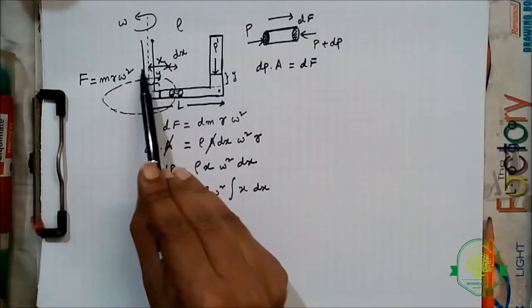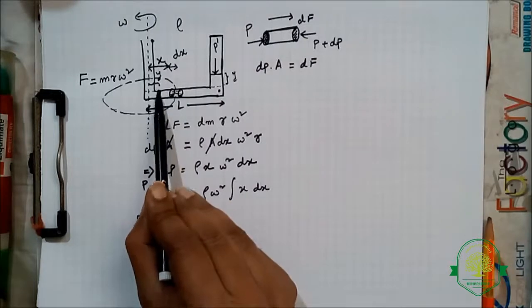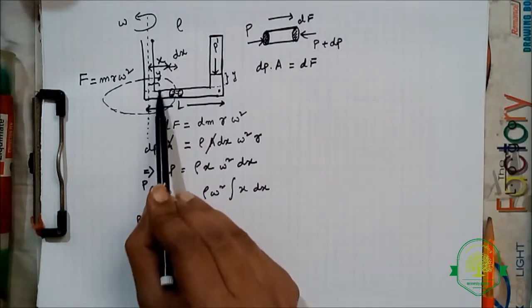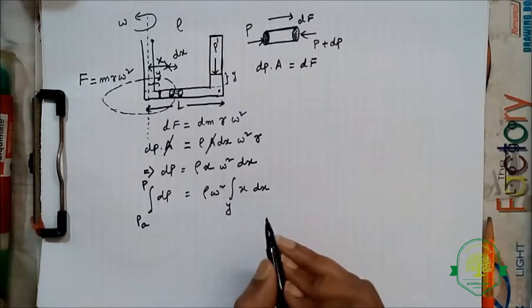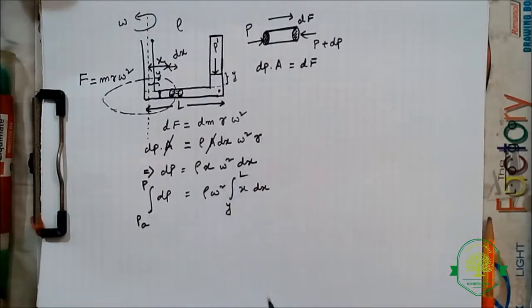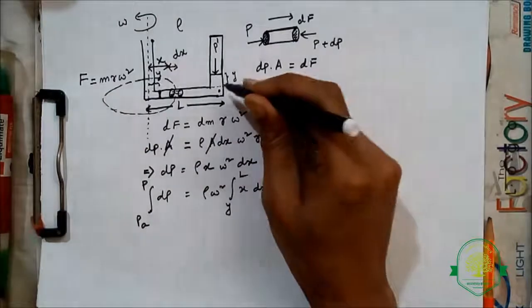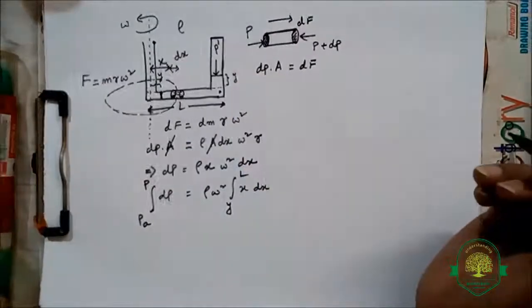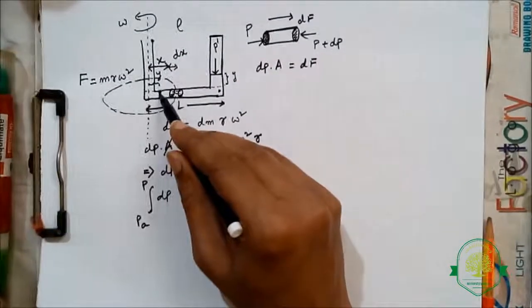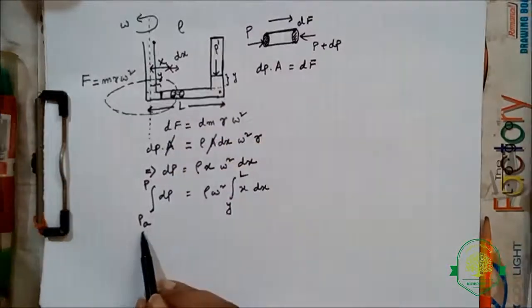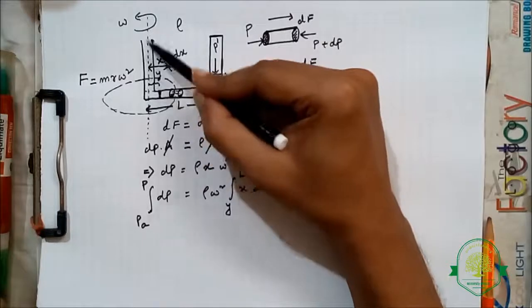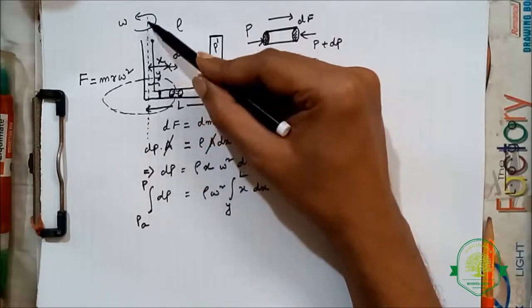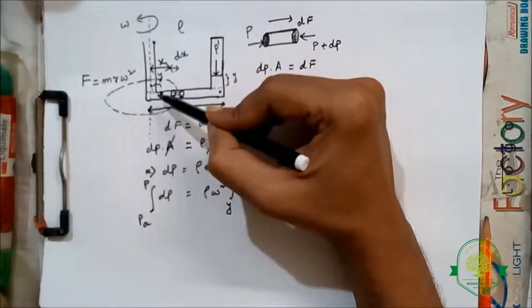So X, which is this length, actually we start from here, the place from which the liquid column starts, it's Y, and we go up to L because we have to find the pressure here. So we start from this point, at which point the pressure is just the atmospheric pressure, because this arm of the U-tube hasn't been closed, it is open, so atmospheric pressure acts from this side.